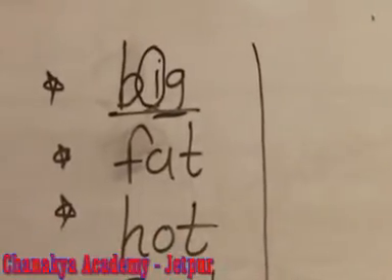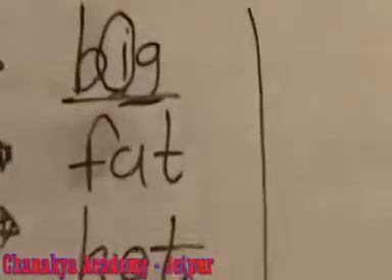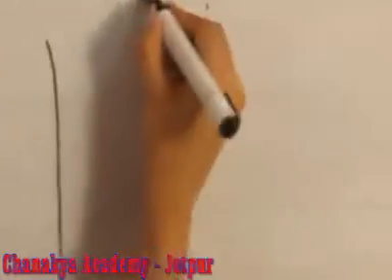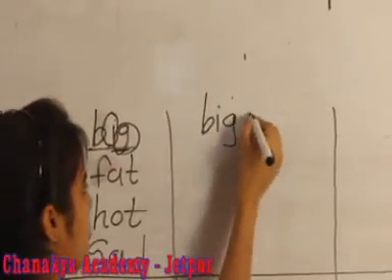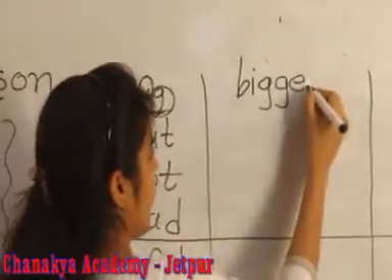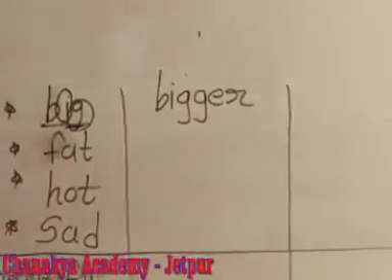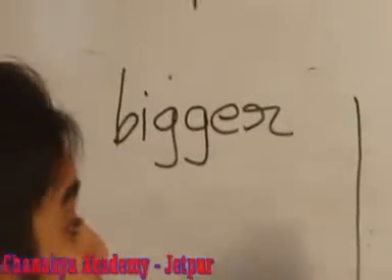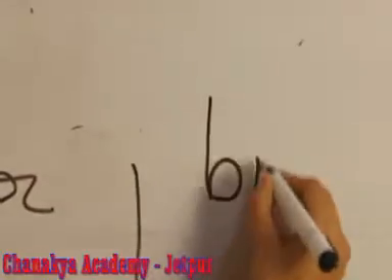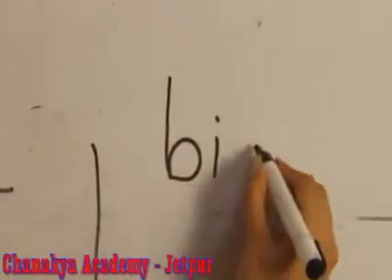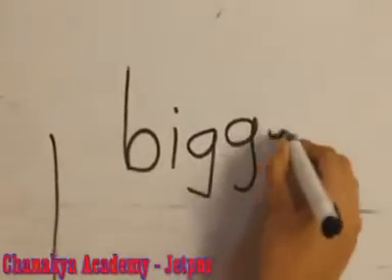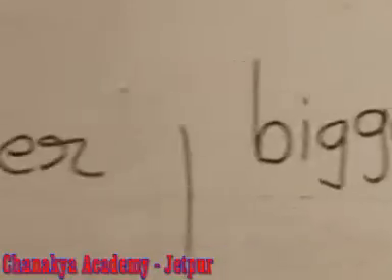Like I am going to make the comparative formation of big, so I have to double the last consonant g. So it will be double g, and then I will put er. Same formation in superlative. I have to double g, so it will be biggest.